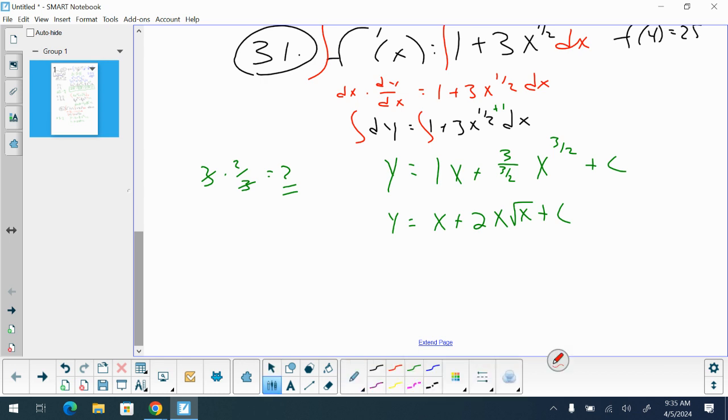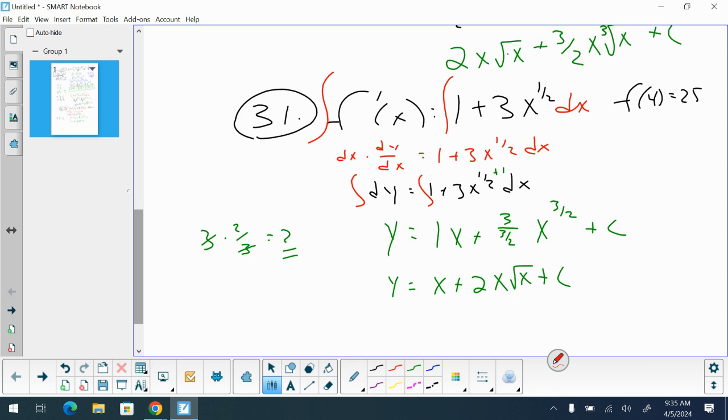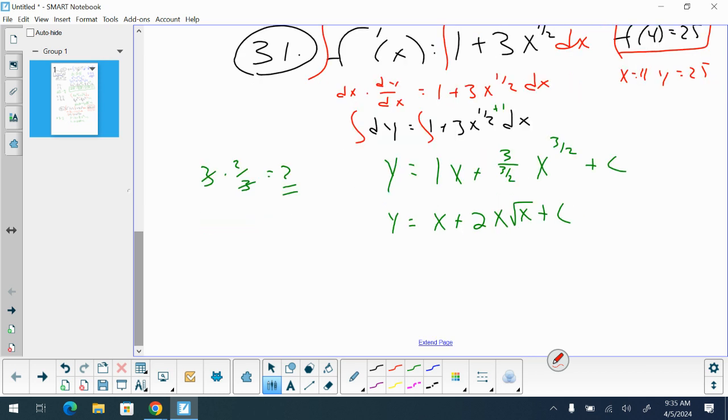Once again, we don't know what the constant is unless we are given an initial condition. And we are given an initial condition. When x is equal to 4, y is equal to 25. So in my equation, we have 25 as our y is equal to 4 plus 2 times 4 square root of 4 plus c.